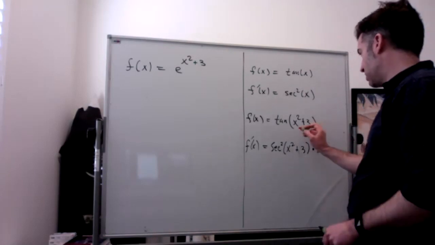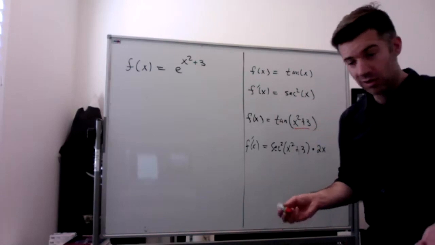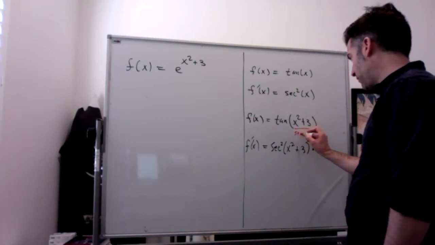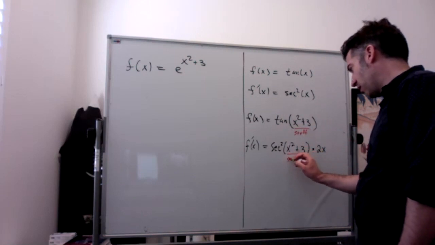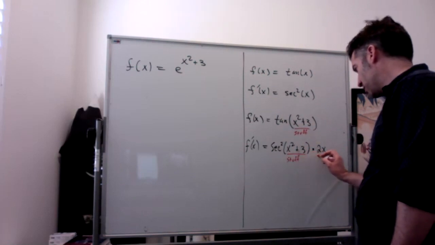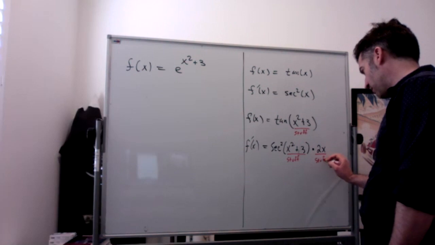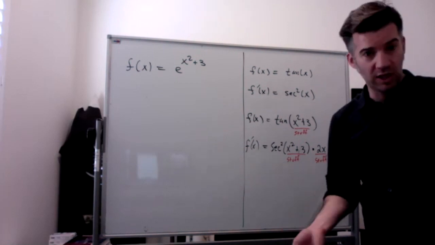This is my stuff, or people often call it u. I usually call it stuff. The derivative of tangent of some stuff is secant squared of your stuff times the derivative of your stuff. Right? That's the chain rule.